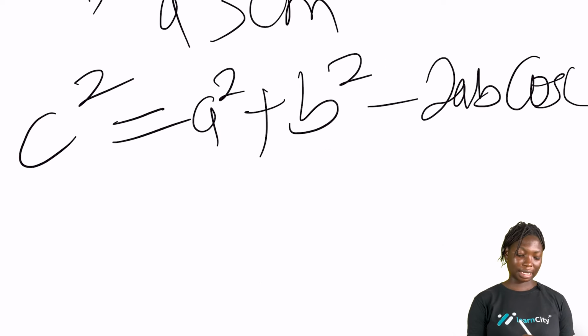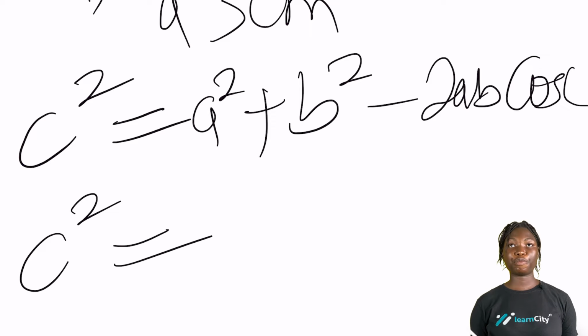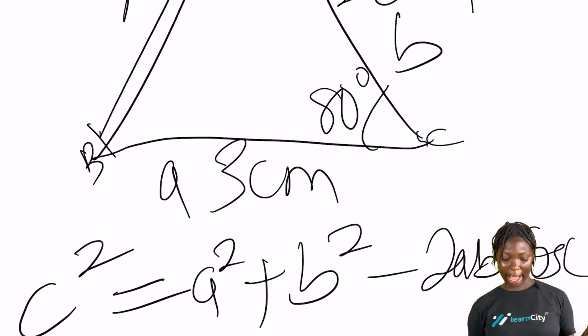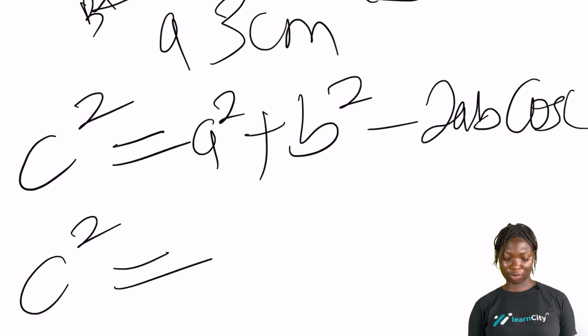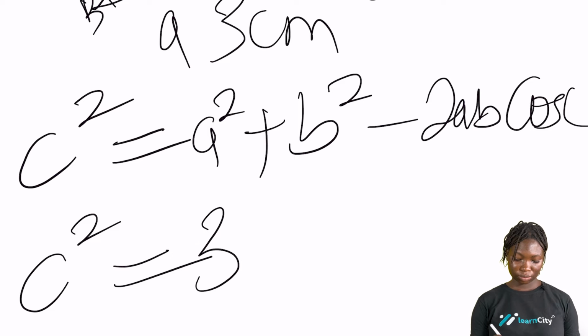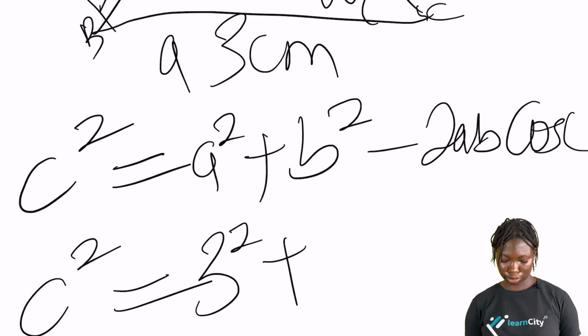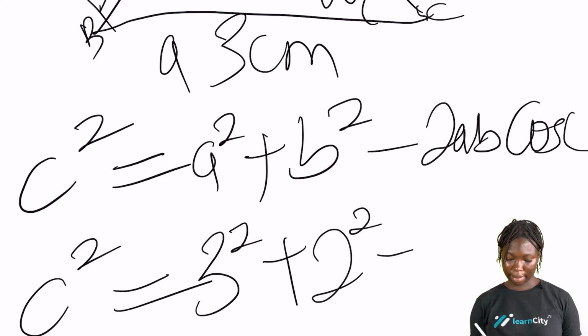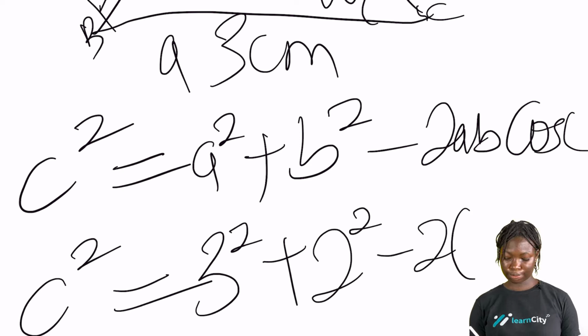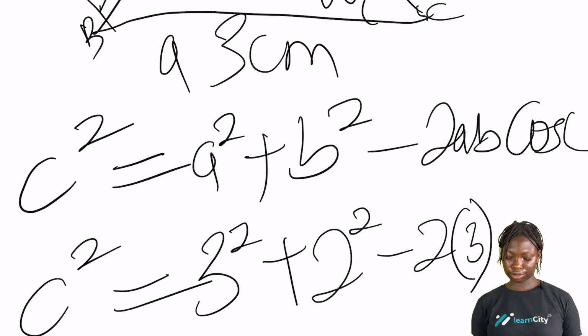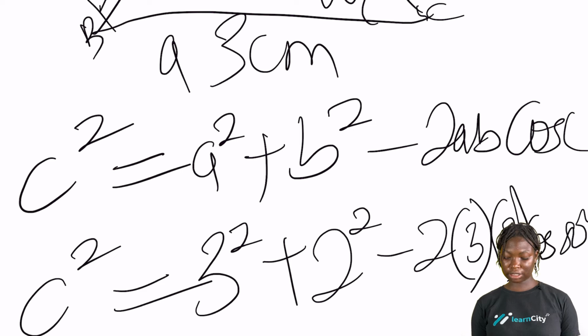So we have C squared to now be, what is our A? We have our A to be 3 squared plus 2 squared minus 2 into bracket 3 into bracket 2 cos 80 degrees.